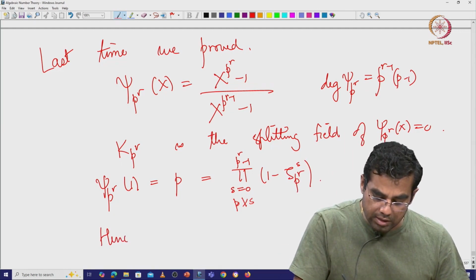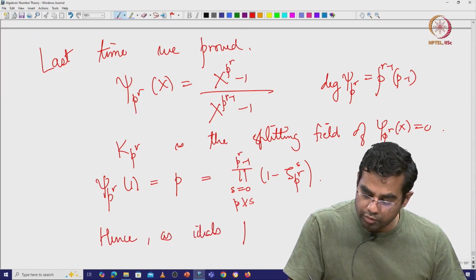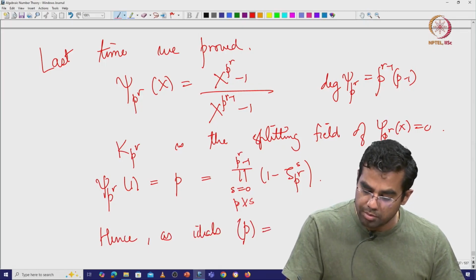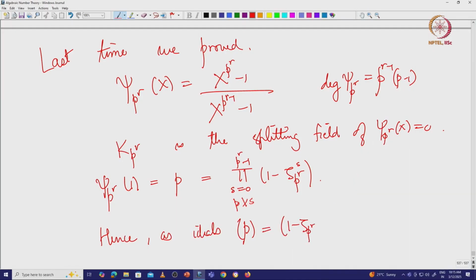Hence, as ideals, we proved that the ideal generated by p is the same as the ideal generated by 1 minus zeta p to the r, to the power p to the r minus 1 into p minus 1.